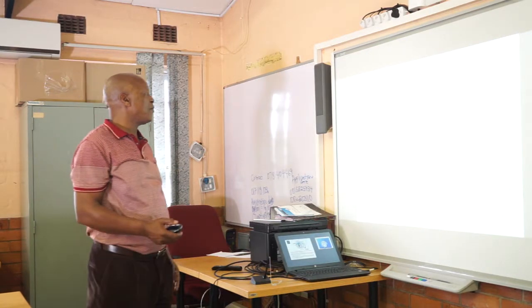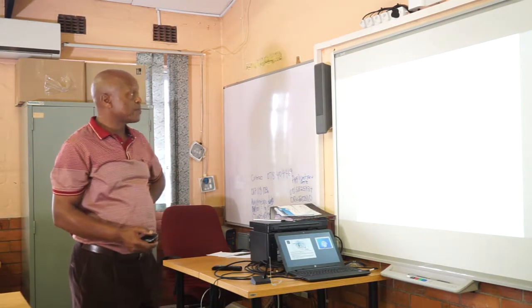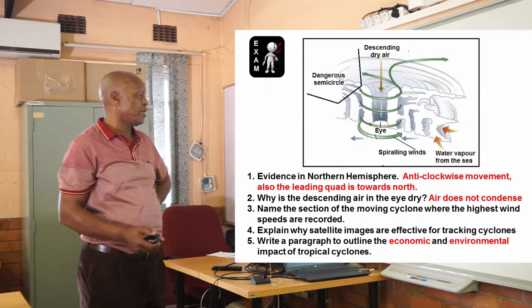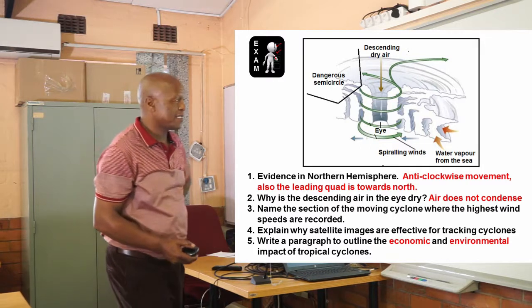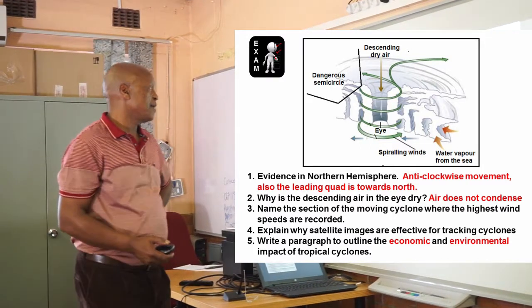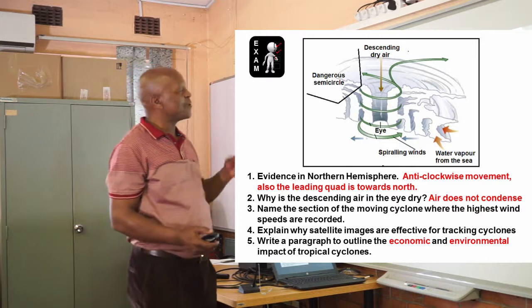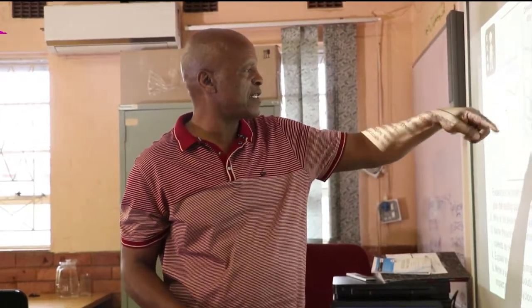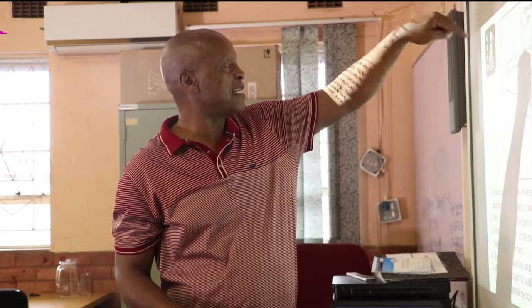Right, let us move now to the question. There was a question this year which had this diagram. It shows a tropical cyclone in the northern hemisphere. Why? Reason number one, there is anti-clockwise circulation and ascending air.